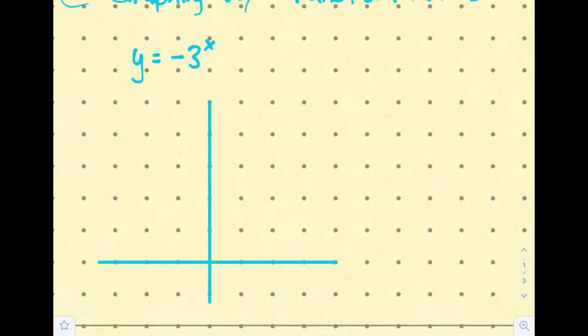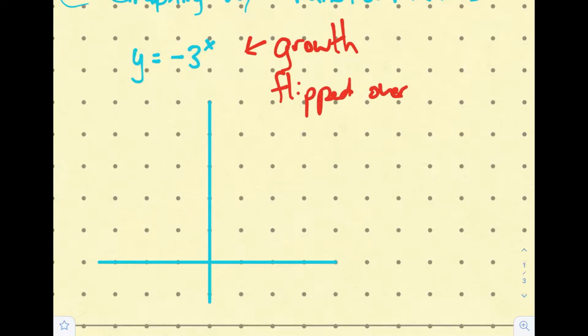First, this is an exponential growth because our base is greater than 1. But that negative tells us that it's been flipped over the x-axis. So let's use what we know about exponential functions to graph 3 to the x, and then we'll reflect it over the x-axis.